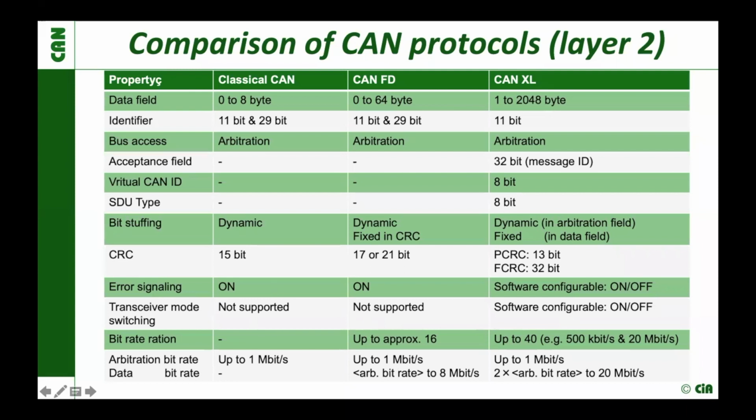The last 2 CAN generations don't support these new functionalities. And also there are some updates in bit stuffing, CRC, and also for bit rate. So CAN XL can transmit with higher bit rate. All these details are specified in the 610-1 specification.